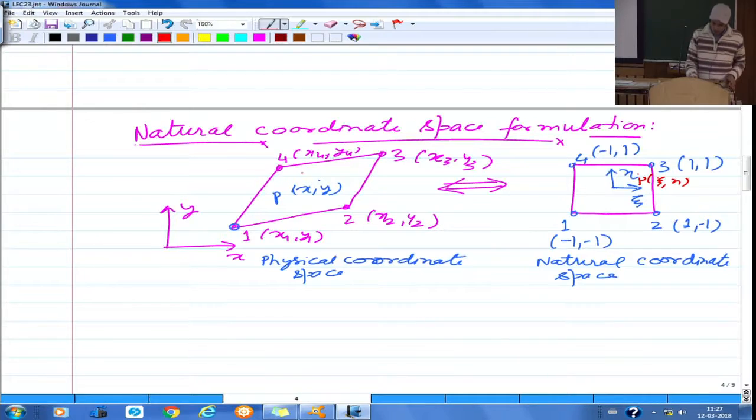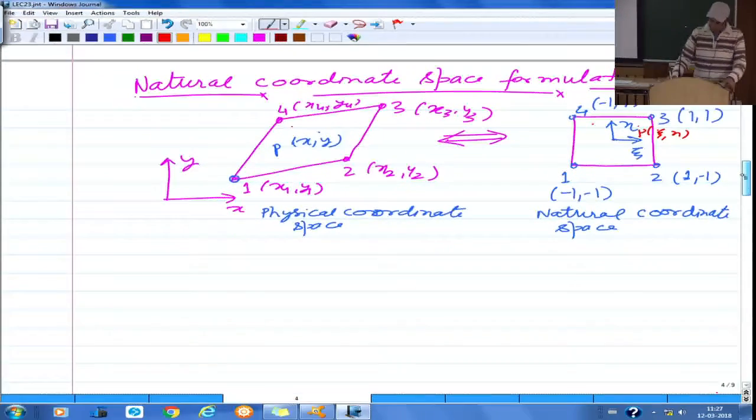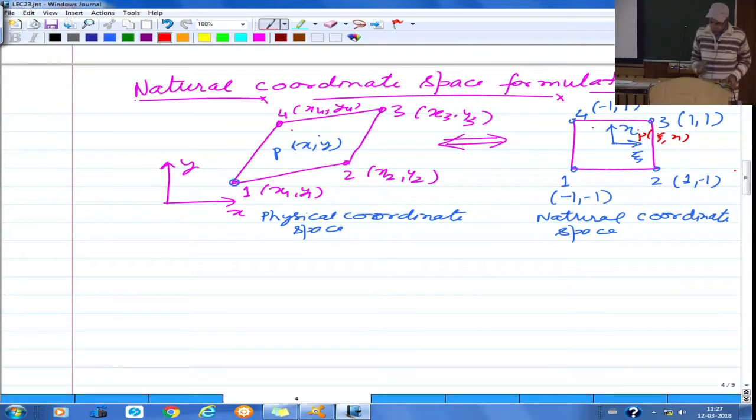Each point in the physical coordinate space corresponds to a specific point in the natural coordinate space. Now that we understand we are mapping the physical coordinate space into the natural coordinate space with xi and eta as coordinates, and the element dimensions varying from -1 to +1, it means it is a square of side 2.